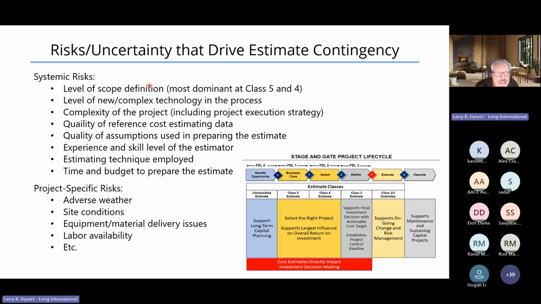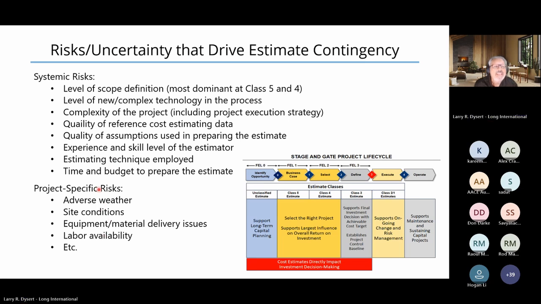And this tends to be the dominant driver of uncertainty in our early phases of project development. If you understand the term FEL, front-end loading, or FEL 1, 2, or 3, back here at FEL 1 and FEL 2, that level of scope definition just dominates the uncertainty around our projects, as well as perhaps the level of complexity or technology, the quality of our reference data, the quality of the assumptions we've made in preparing our estimate, and so forth.